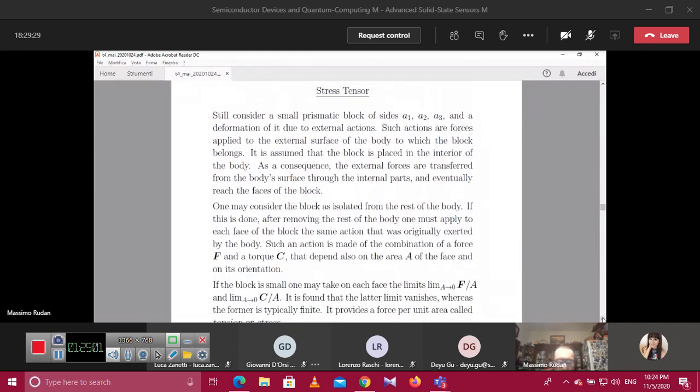Now, we want to connect the theory to the macroscopic theory of elasticity. So far, as you remember, we have started from a microscopic description of the dynamics of the single atoms, and introducing some approximation, this has brought us to an equation that is the equation of elasticity.